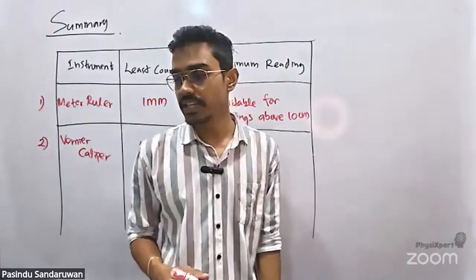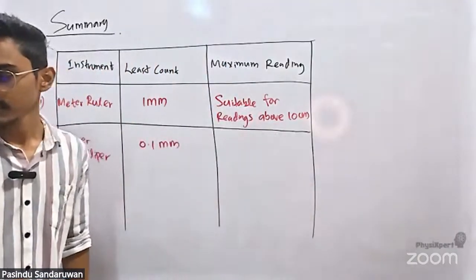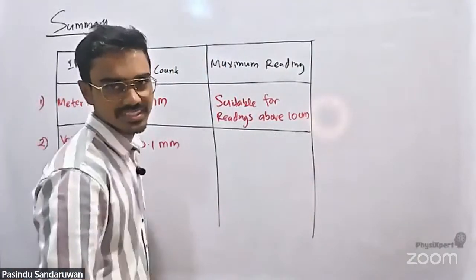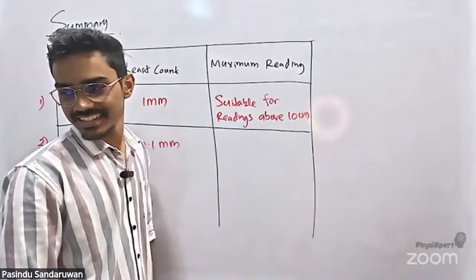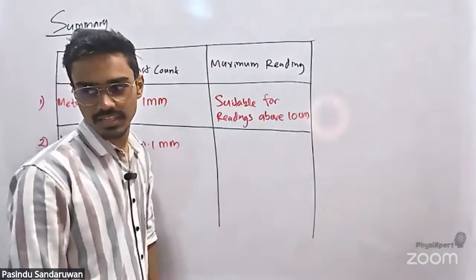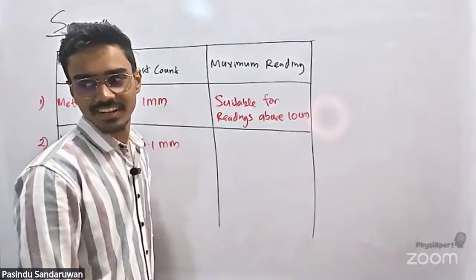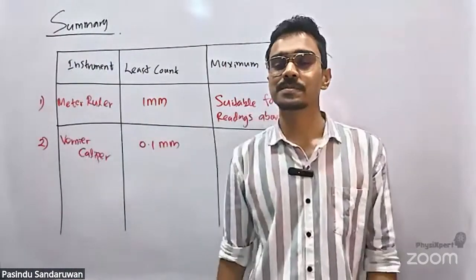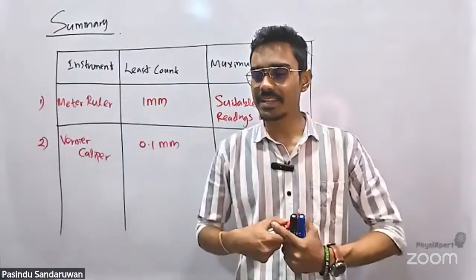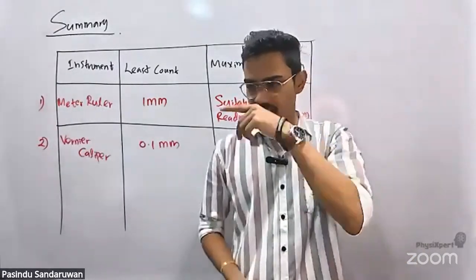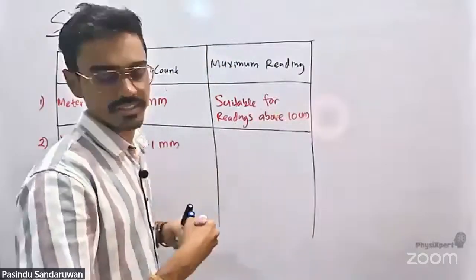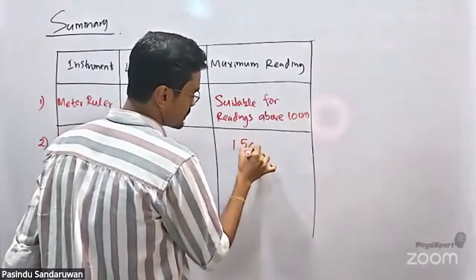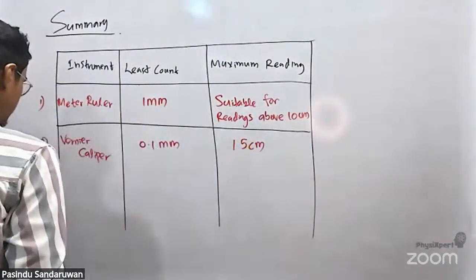Come on, students. I'll be waiting until you give me correct answers. What's the maximum reading of a vernier caliper? 15 centimeters. Okay, good.